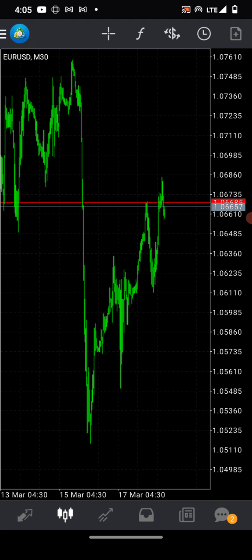Now, if you were to try to open up 0.4 lots on a 50-to-1 account, you'd be looking at 40 times a little more than $20.